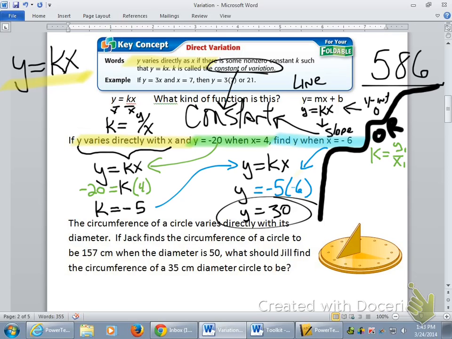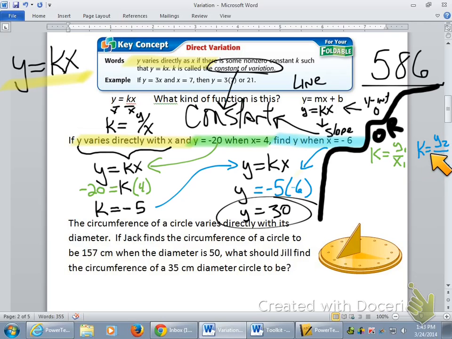Now in blue up here, I also have another relationship. Doesn't k still equal y over x? It's just a different y and a different x, right? So I can do that same relationship again, but this time I'm going to call it y2 and x2 because it's a different set of points, right? But what did not change in either one of these? K didn't.